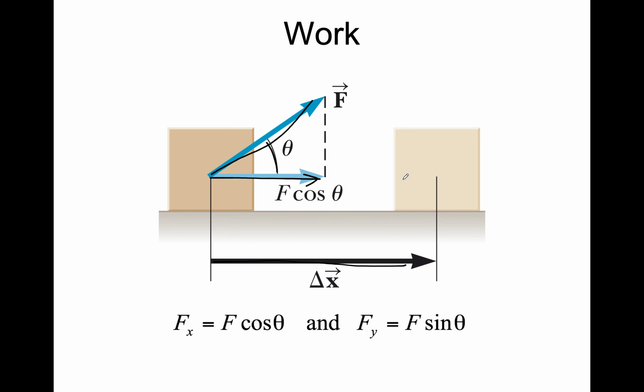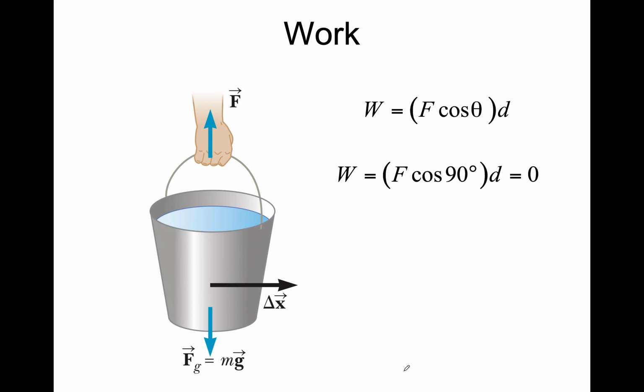So we use the x component of F, which is F cosine theta, to calculate the work, and the work done in this case is F cosine theta times d. This is the definition of work when the force and the displacement are not in the same direction.